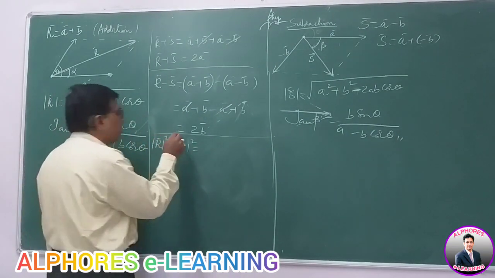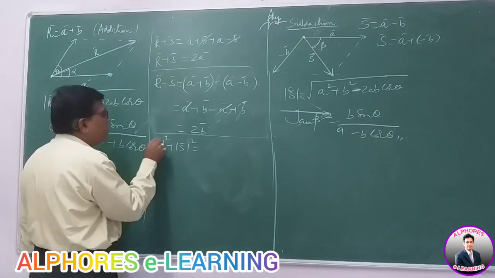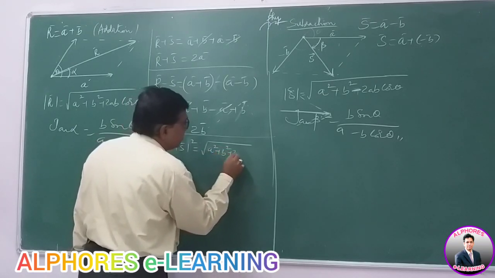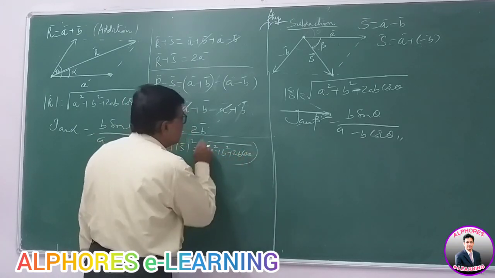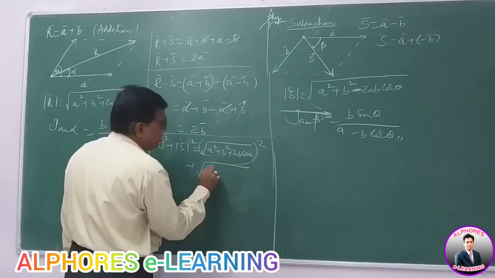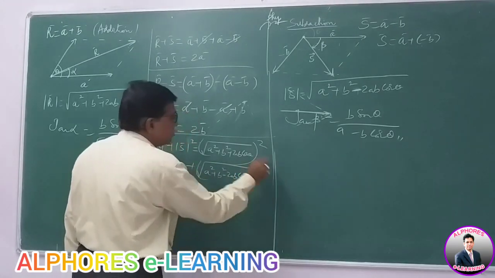Well, mod r is root of a square plus b square plus 2ab cos theta. So mod r square is root of a square plus b square plus 2ab cos theta whole square, plus mod s square. Mod s is root of a square plus b square minus 2ab cos theta whole square.